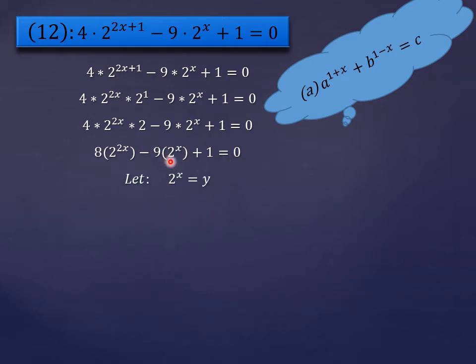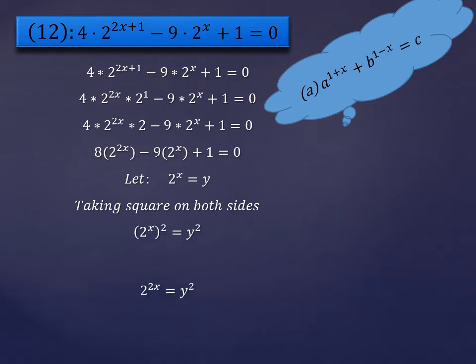2 power x is the smallest power of a variable, so we will take 2 power x as equals to y, then we will take the square of both the terms. 2 power x into whole square equals to y square. Opening the bracket, we will get 2 power 2x equals to y square. You can see that we are having the value of 2 power x as y and the value of 2 power 2x as equals to y square.